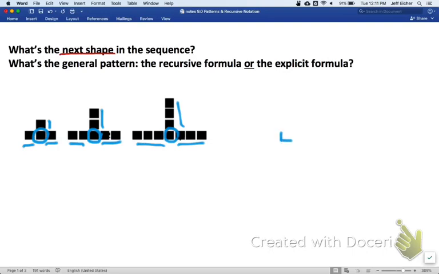So I guess the next one would be 1 in the center. We'd go 4 instead of 3. 4 left. I'm going to shade in my center so I don't lose it. 4 left, 4 right, and 4 up. So that would be the next term in the sequence.